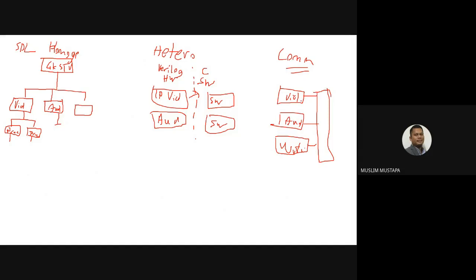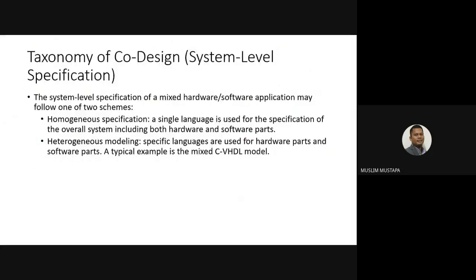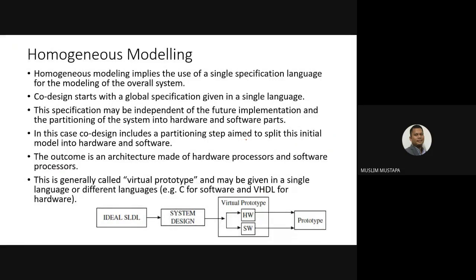For example, try the communication between video and audio modules, Wi-Fi, and let's say there's a processor, right? This is just an example. Maybe they don't need to communicate with each other, so Wi-Fi needs to communicate with the processor, and audio needs to be connected and communicate with the processor. Try to validate the communication of each of the modules, whether it's going to work functionally as you want or not.